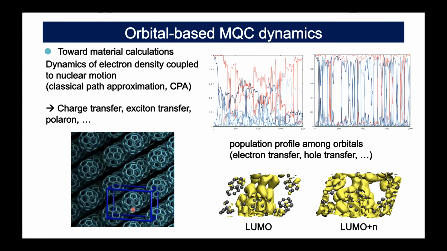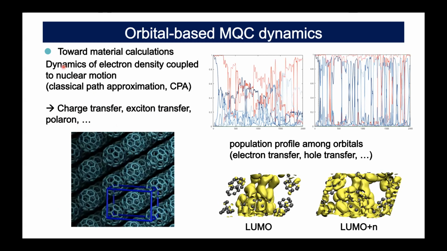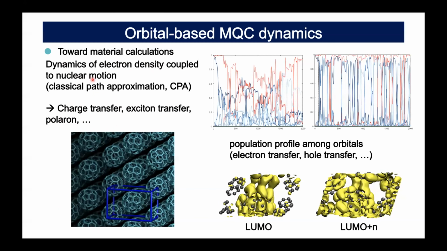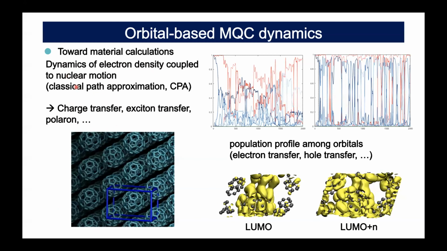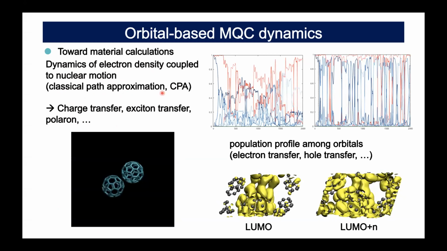Based on this huge system, we run the dynamics of the electron density coupled to the nuclear motion. Here the nuclear motion is done with the classical path approximation, suggested by Oleg Prezhdo. Basically, we run just ground state dynamics, and based on these ground state trajectories, we run the electronic dynamics.